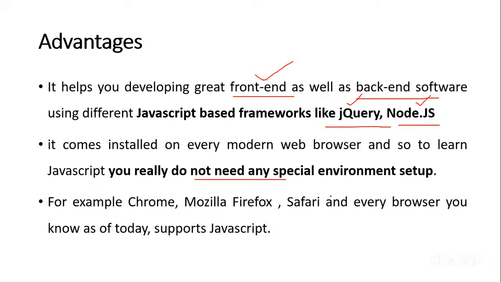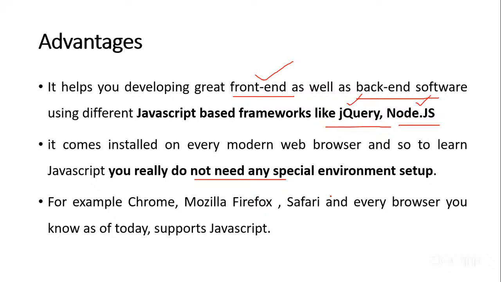Obviously, when you install an operating system on your computer or laptop, by default you will get one browser. Suppose you install the Windows operating system, you will get Microsoft Edge by default. That is the web browser of Microsoft. So any one web browser in your system is enough to execute JavaScript programs.